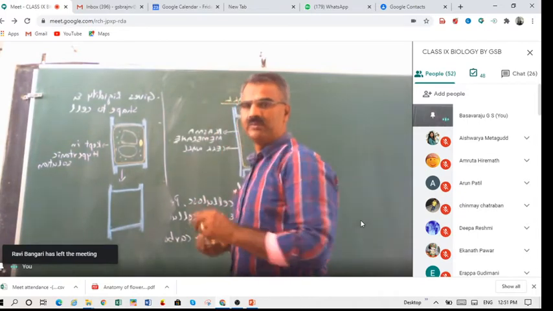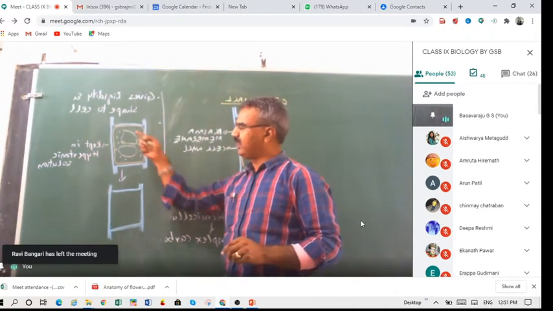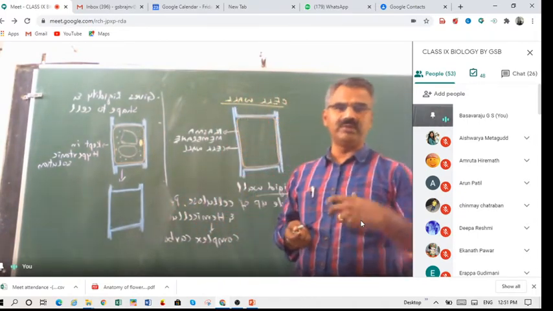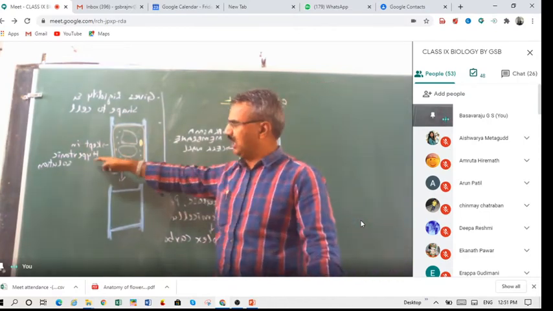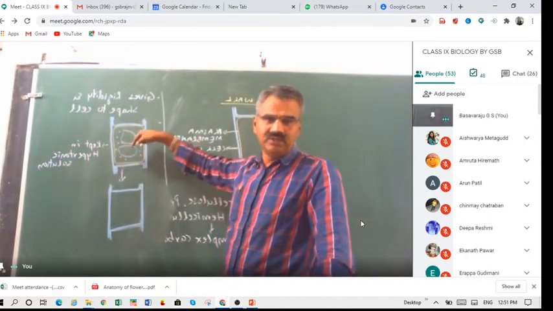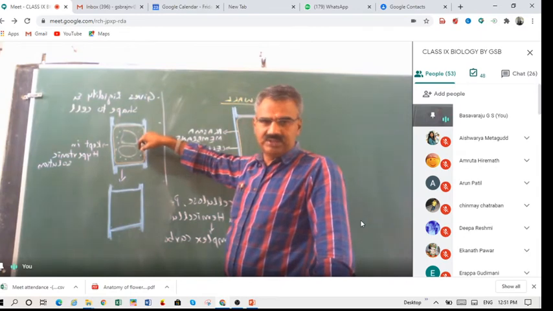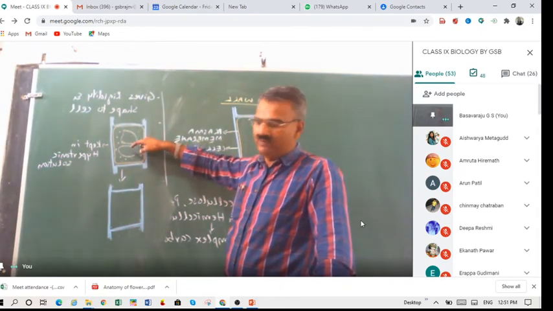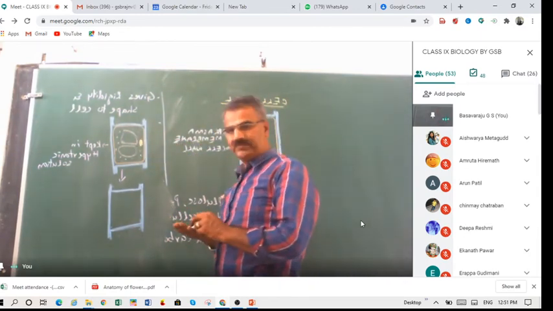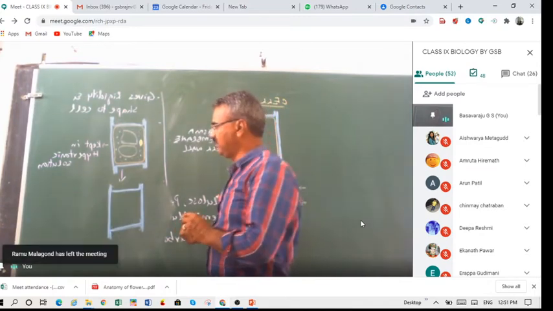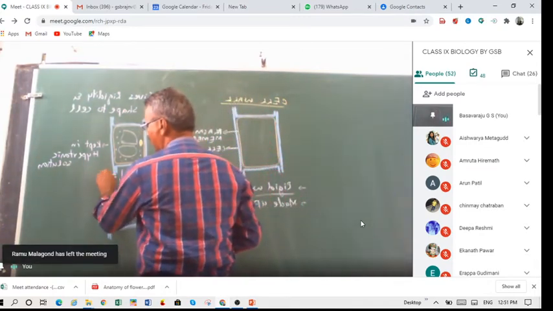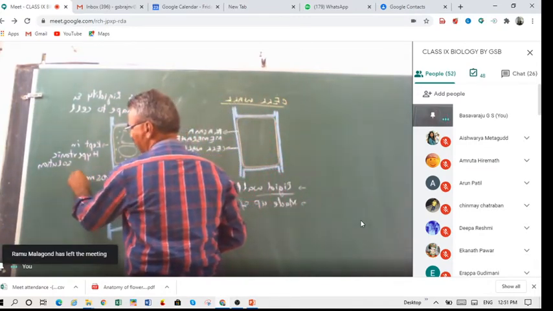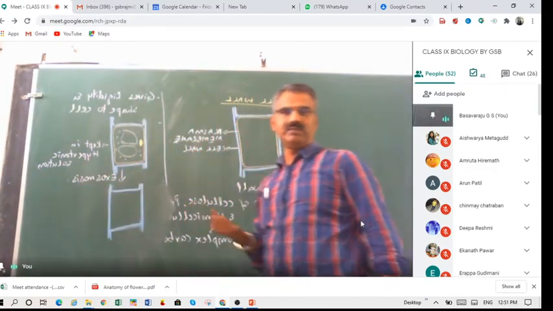So because of it, which component of the cell is going to be removed when the cell is kept in hypertonic solution? The cytoplasm from the cell moves out, is it not? So it results in exosmosis, the loss of water by the cell.